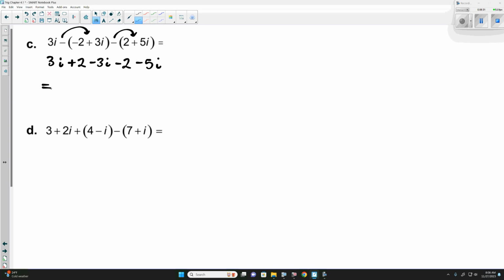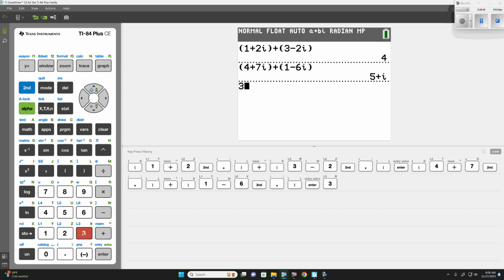And now at this point, we can combine like terms. Our positive 2 minus 2 is 0. 3I minus 3I is 0, leaving us with negative 5I. For the next one: 3I minus, what was the next part?